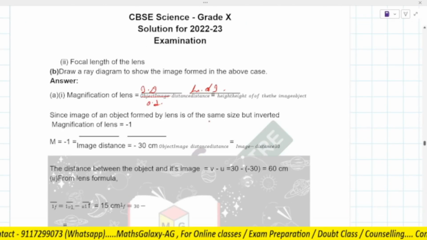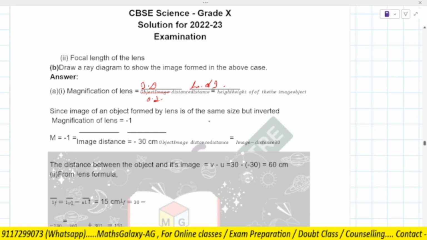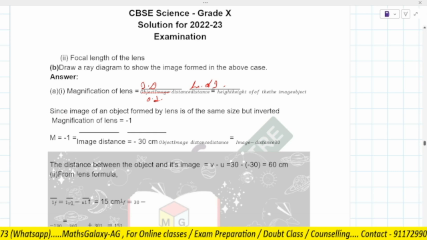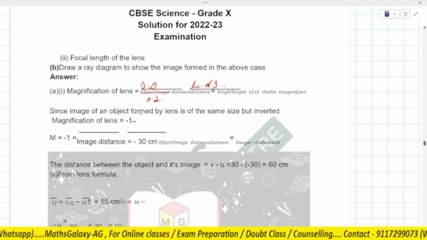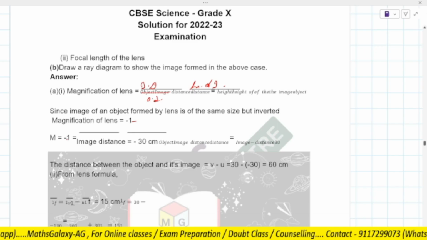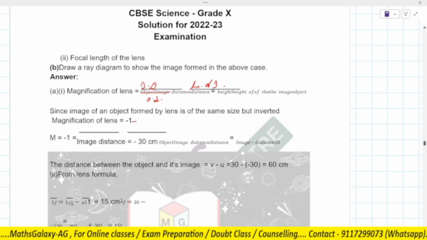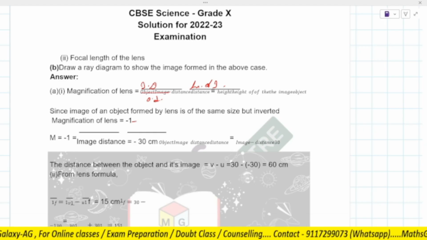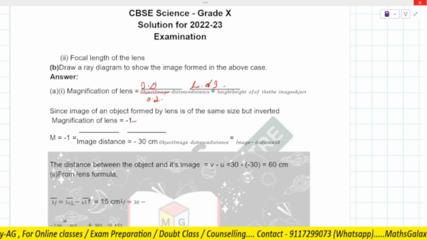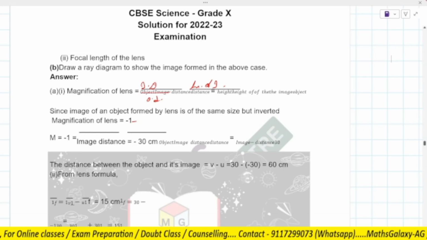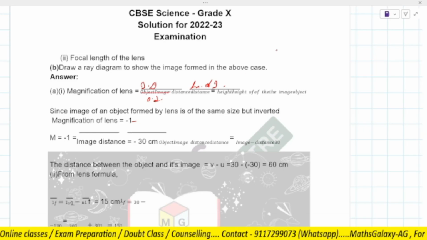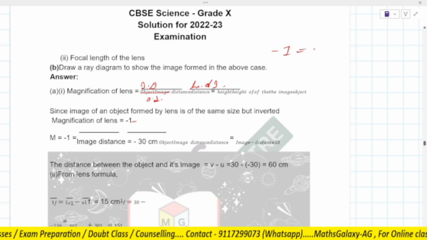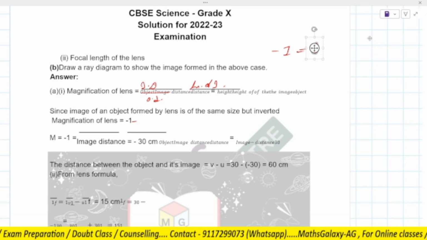Since the image formed by the lens is of the same size but inverted, magnification will be -1. So m is equal to -1, and this -1 is equal to the image distance divided by object distance. We put it in the formula just like this.